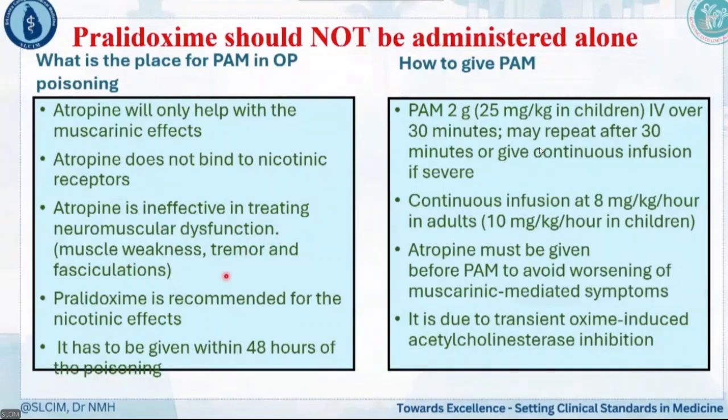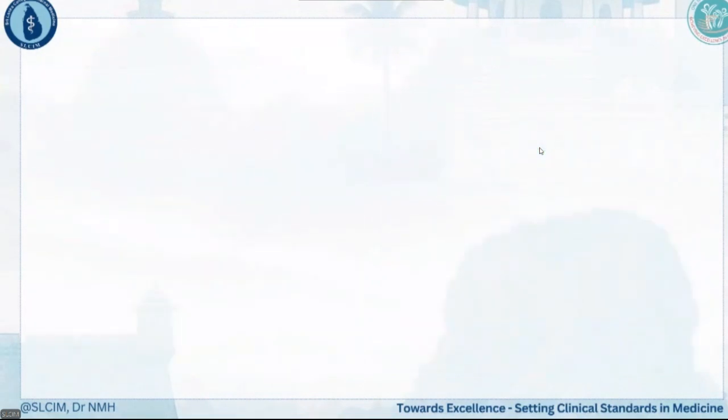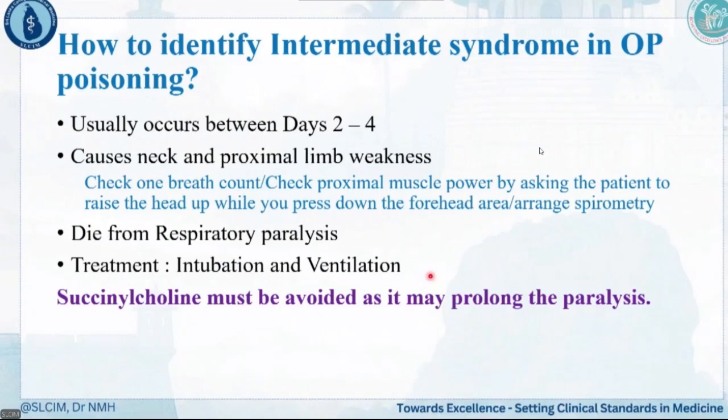As I said, there can be tremor and fasciculation. These things will be reduced with PAM, and it is good for the nicotinic effects. And again, it has to be given within 48 hours of poisoning. There's no point in giving it later on. But since there are no survival benefits with proven literature, that's why we are not giving PAM at the moment.